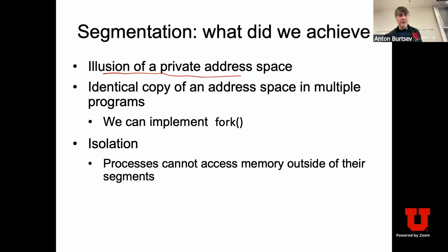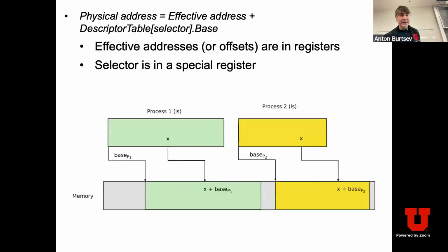Each program has address 0, so I have address 0 here and address 0 here, but in practice they point to two different physical addresses. Agree? Virtualization, right? What else did we achieve? Virtualization means we don't need to relocate.